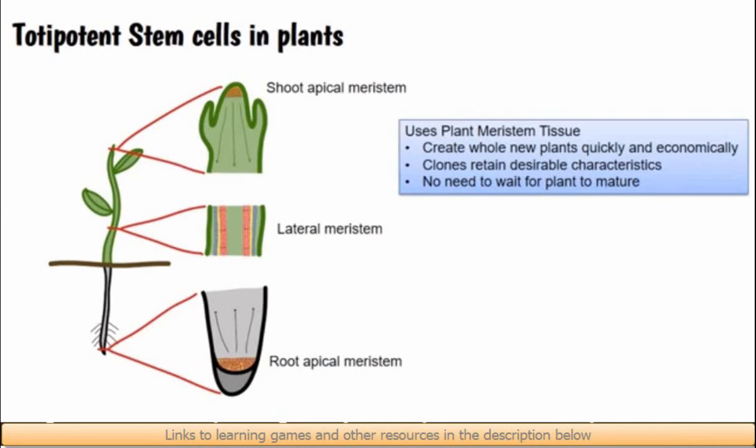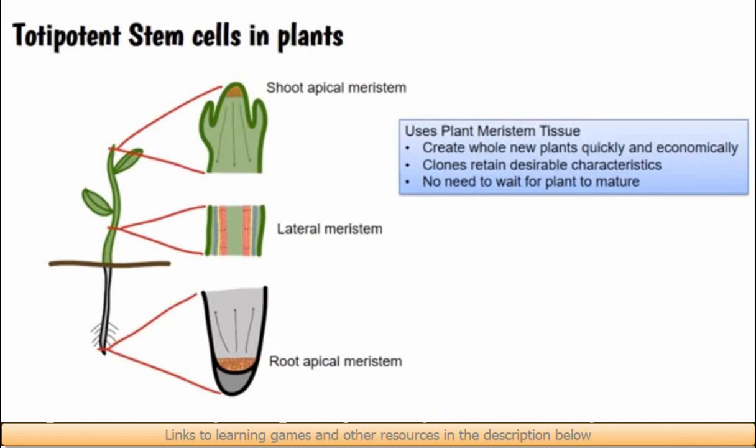Now, if we have a particular plant that has desirable characteristics, we can also use the meristem cells to produce large numbers of identical plants with those special features, such as disease resistance. If we waited for that special plant to grow to maturity, to make a seed through sexual reproduction with another plant, then all the seeds will be slightly different.